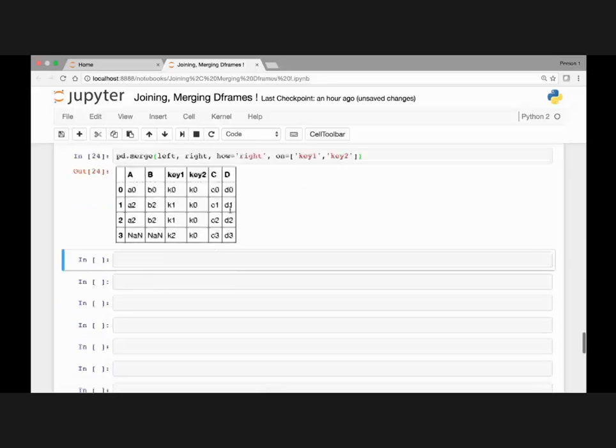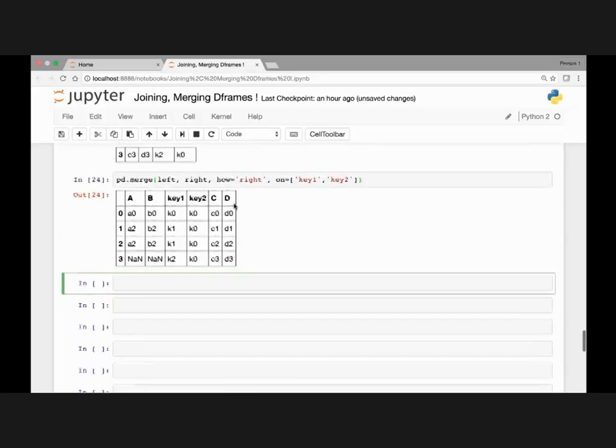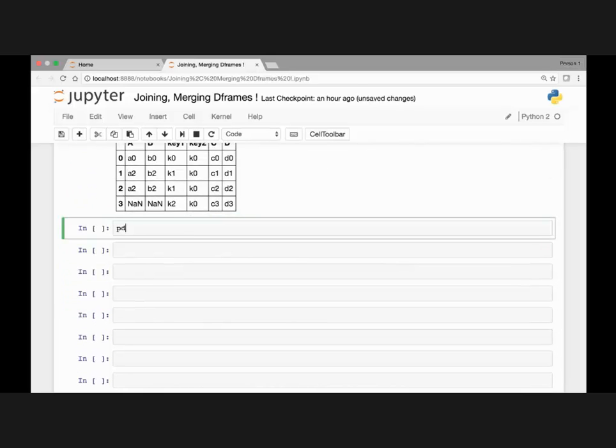Okay, next let's look at the outer value for the how argument. So this outer will join by considering all the key 1 and key 2 combinations of both data frames.